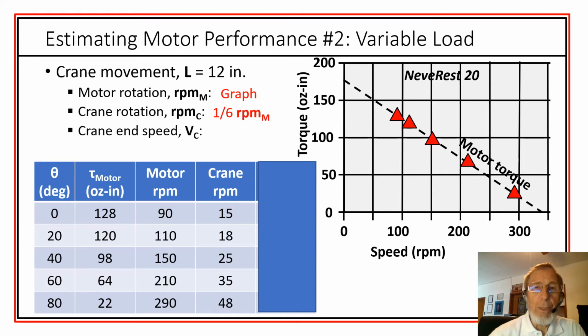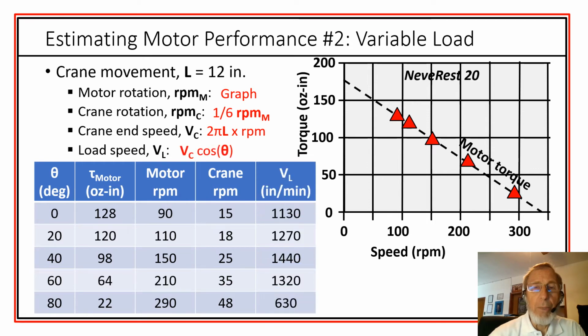The crane end speed then is determined by the length of the crane, 2 pi L being the circumference of that circular arc that the end would pass through, multiplied by the RPM. Now, if we're talking about the actual speed of the load, it's the vertical component of the crane endpoint speed. So that's the crane endpoint speed multiplied by the cosine of the angle.